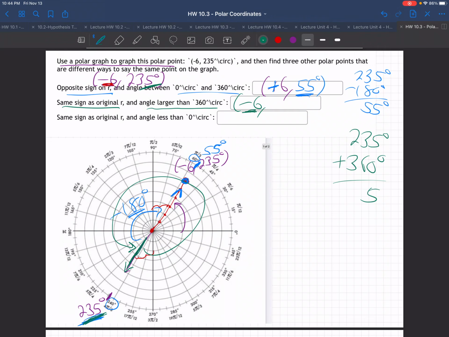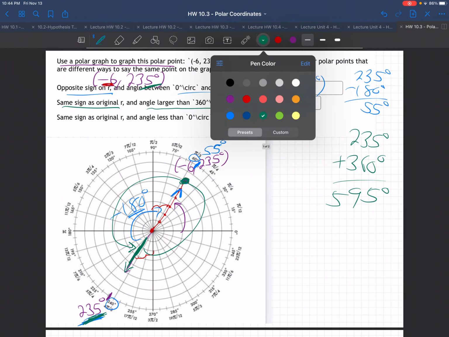So what is that? 595 degrees. That's going to land the cannonball in the same spot also, right? You're aiming at 595 degrees, which is the same as 235, with just an extra rotation. You're facing this direction, then you backfire 6, bonk, cannonball lands in the same spot.